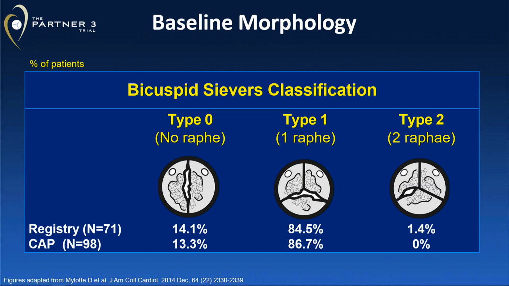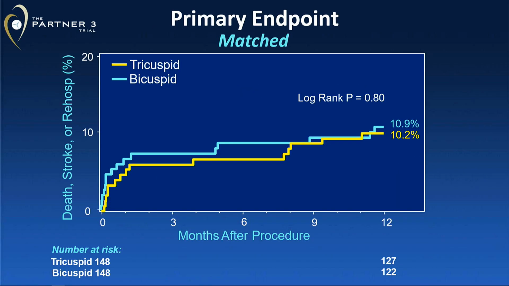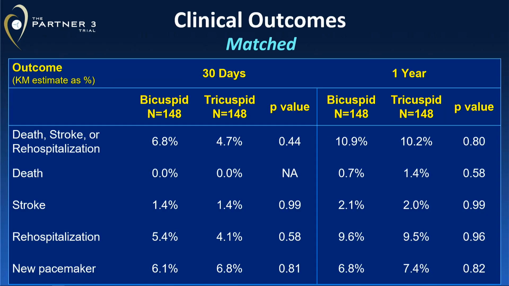The primary endpoint, which is death, stroke, and rehospitalization, was exactly the same for tricuspid versus bicuspid. As you can see here, death was numerically slightly higher but not different at 30 days.